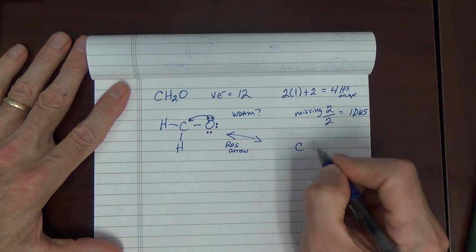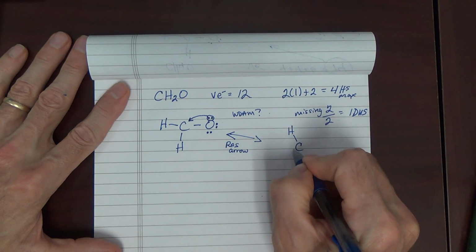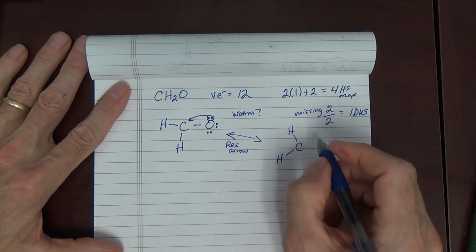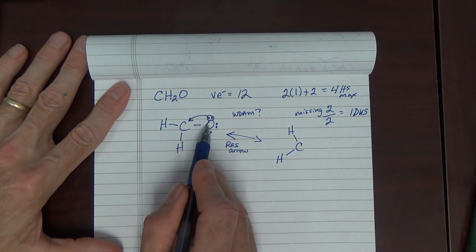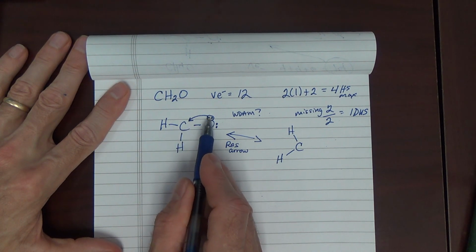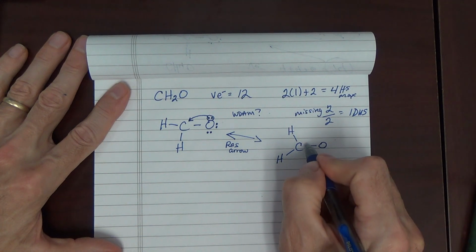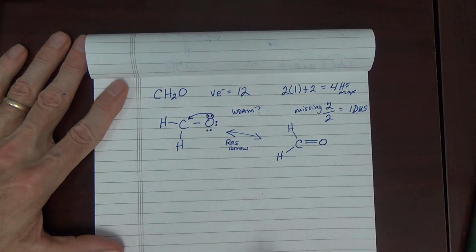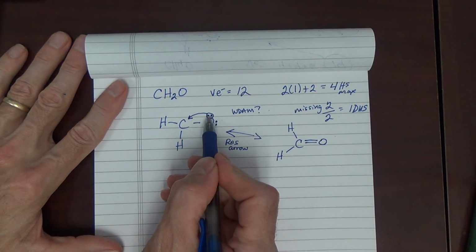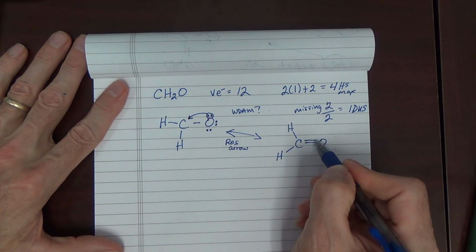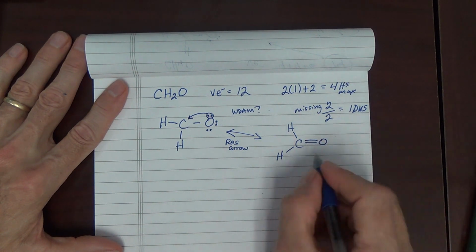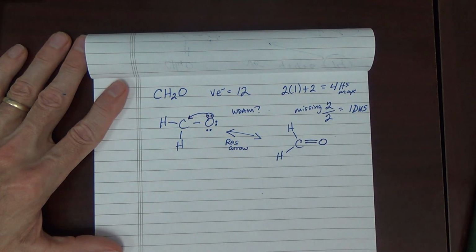We now have carbon. I'm not going to worry about bond angles. One bond between the carbon and oxygen. This moves in to become the second bond. 2 electrons as a lone pair, now 2 electrons as a second bond. 2 electron covalent bond. Leaving how many lone pairs on this oxygen?